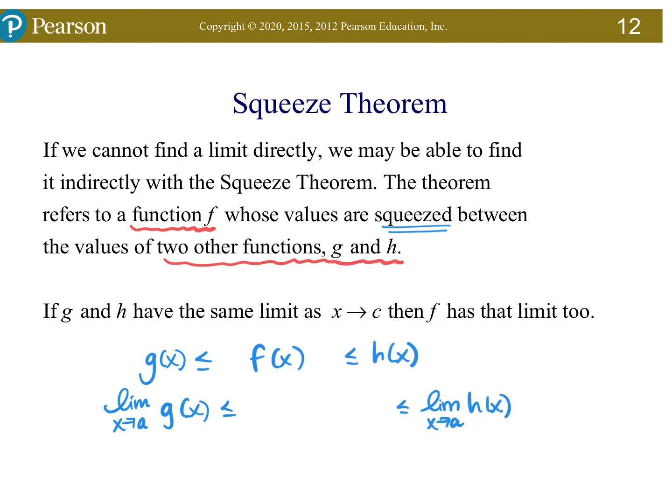What can that tell us about the limit of the f function in the center that's squeezed in the middle? And if we can determine something about the larger limit, and if we can determine something about the smaller limit, that might help us figure out something about the limit that has to be between them.